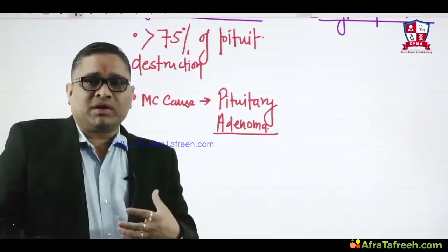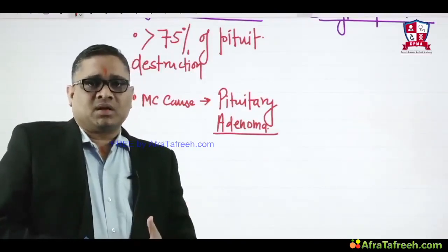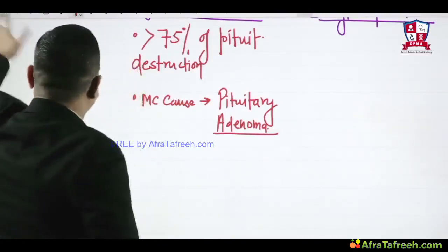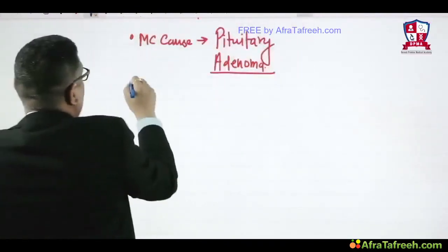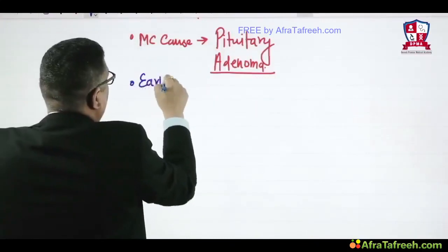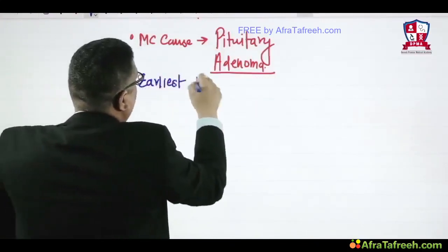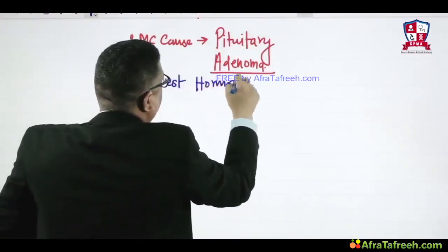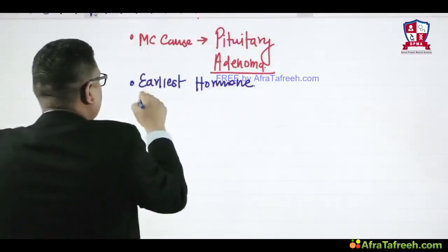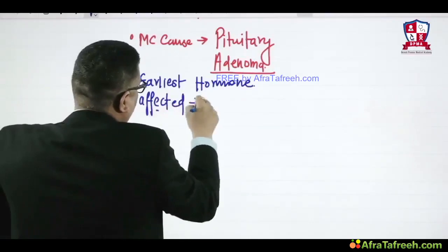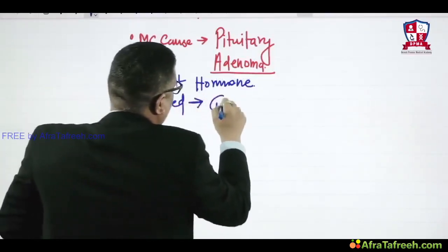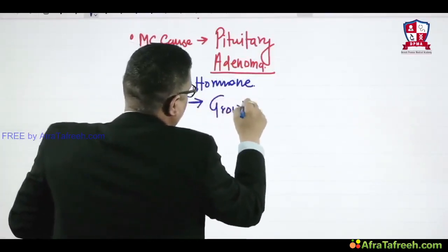Which hormone will be decreased earliest in hypopituitarism? When the examiner asks you this question, remember, growth hormone is the earliest affected.